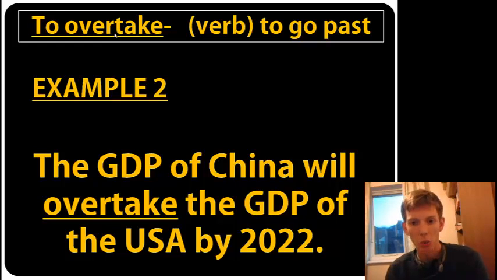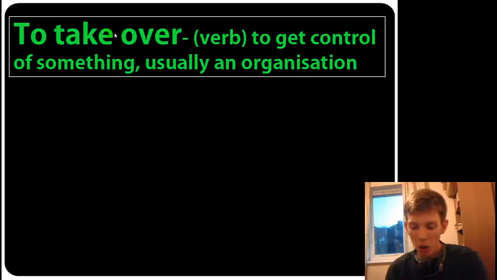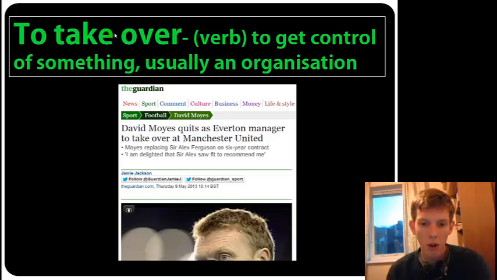Now the second word. The second word is another verb, and it's to take over. So that means to get control of something, usually a business or an organization. For example, last year Sir Alex Ferguson was the manager of Manchester United, the football team.